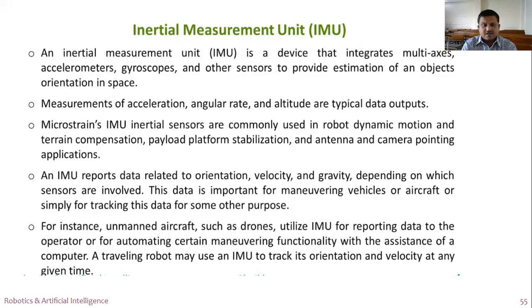Micro-scale IMU inertial sensors are commonly used in robot dynamic motion, terrain compensation, payload platform stabilization, and antenna and camera pointing applications. An IMU reports data related to orientation, velocity, and gravity, depending on which sensors are involved.